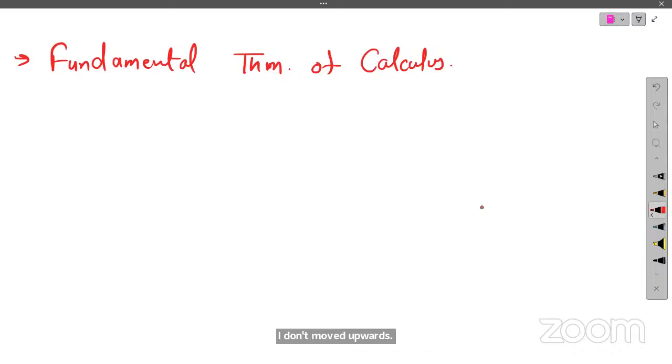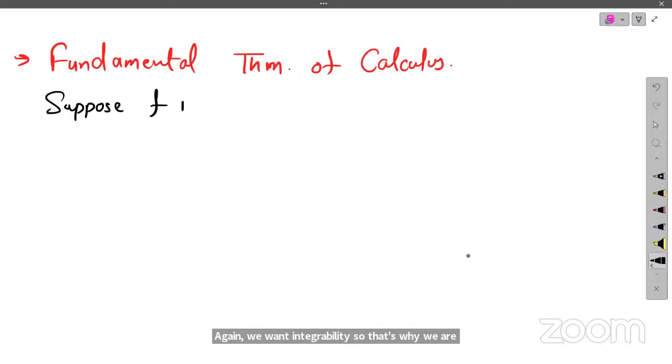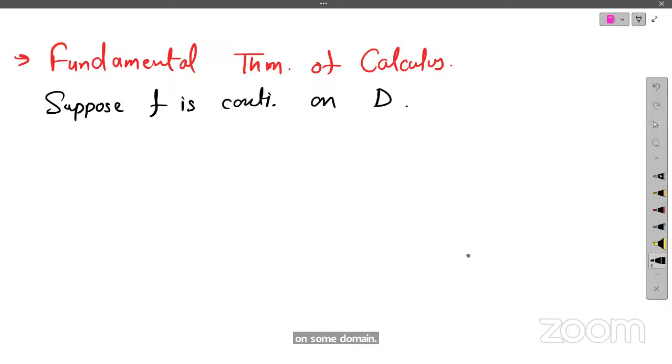So it says that suppose, again, we want integrability, that's why we are assuming a continuous function. Suppose f is continuous on some domain, or we can take a closed interval in place of that.